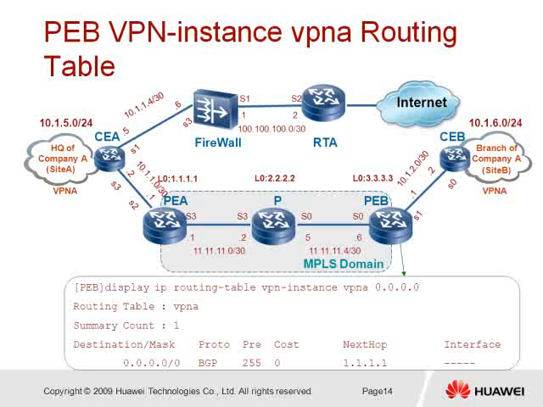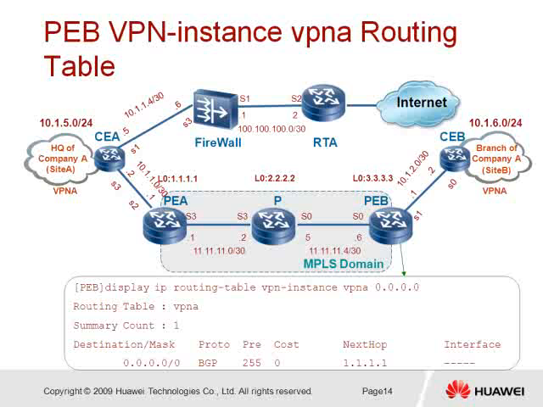Because we configure the eBGP routing protocol between PEB and CEB, PEB can distribute 0.0.0.0 to CEB through eBGP, and CEB receives the default route.